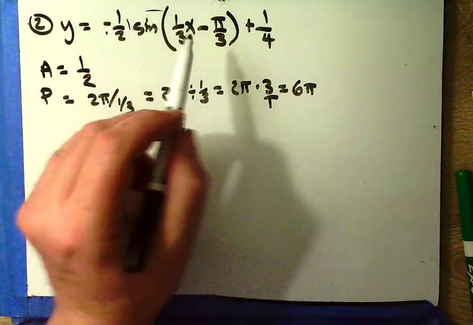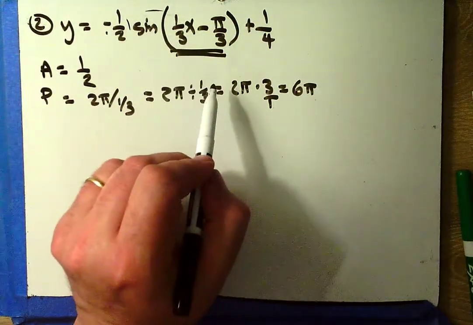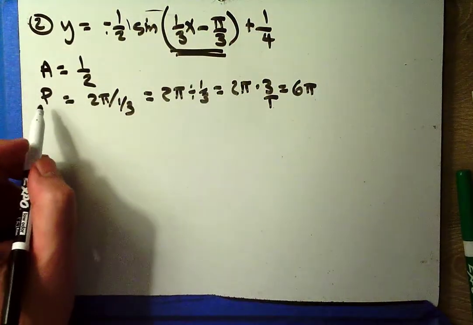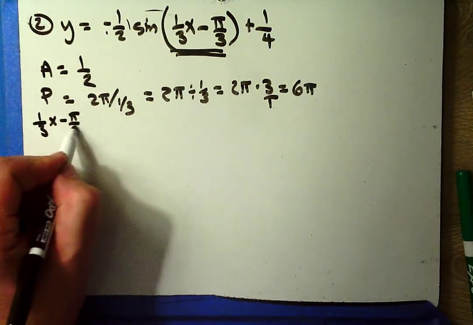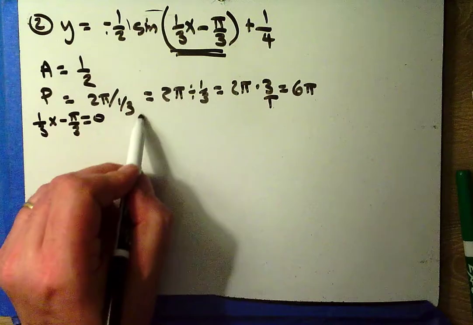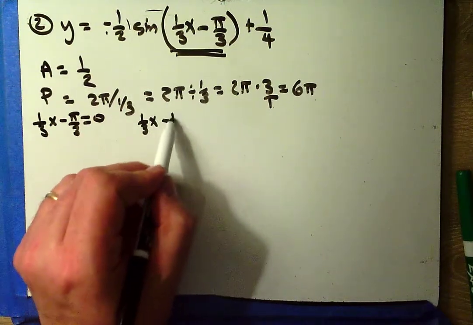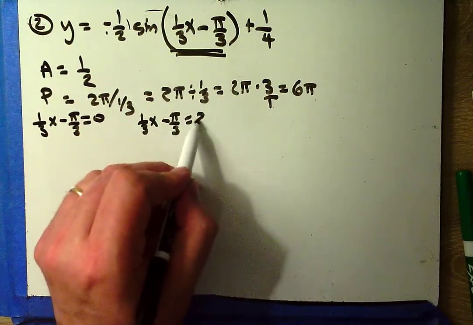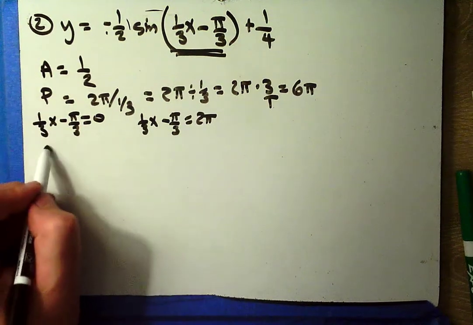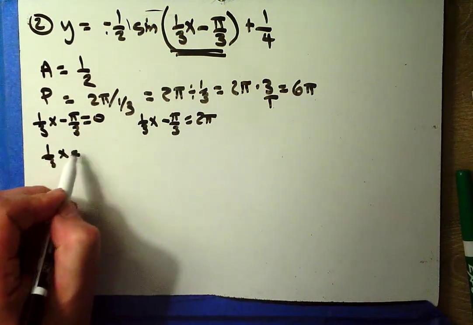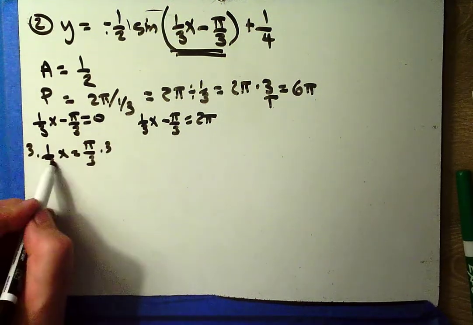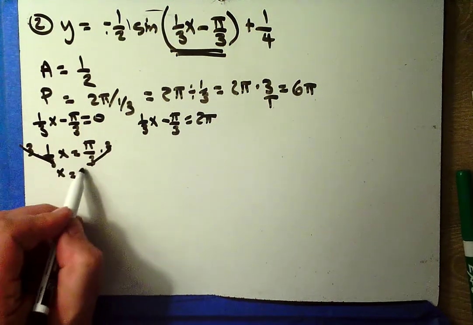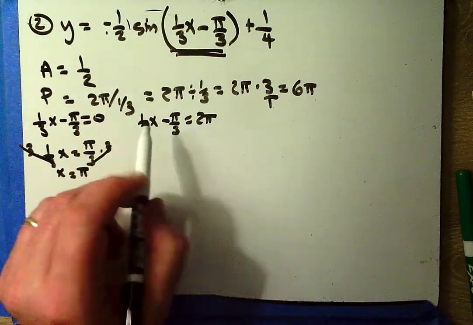Okay, we'll start graphing by finding our starting and ending points for one period by setting this argument: 1/3 x minus pi over 3 equals 0, and 1/3 x minus pi over 3 equals 2 pi. So we get 1/3 x equals pi over 3, and if I multiply both sides by 3, I get x equals pi for our starting point.